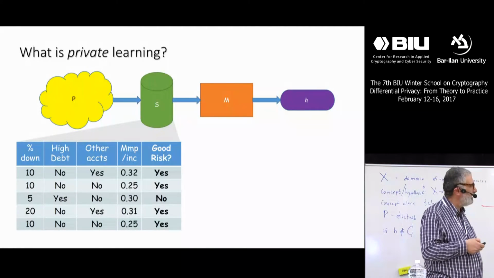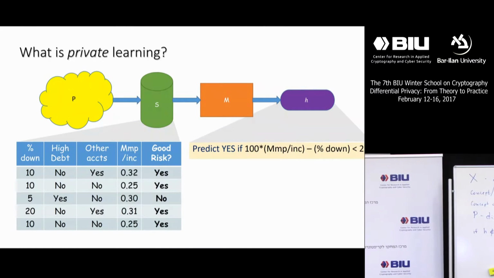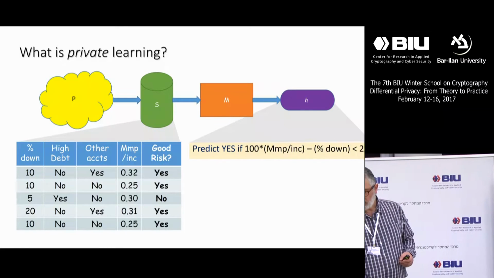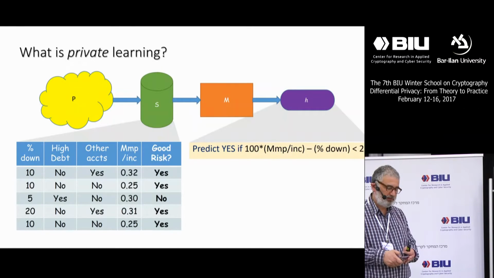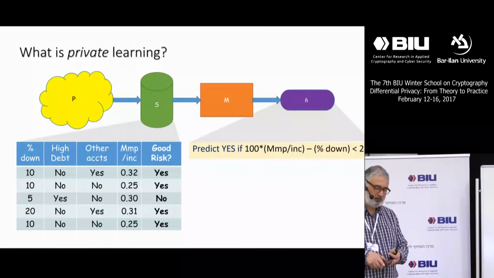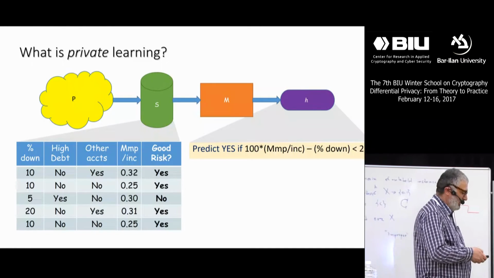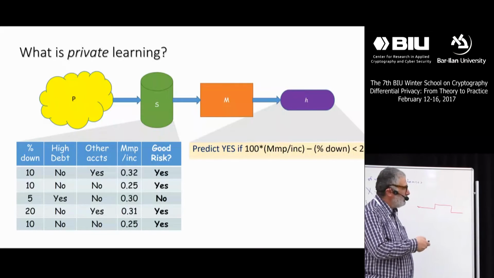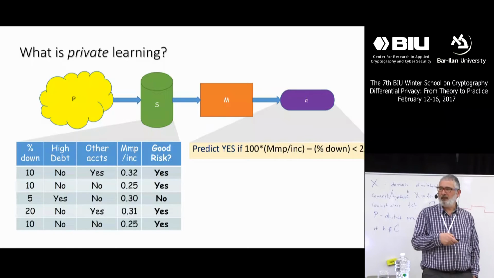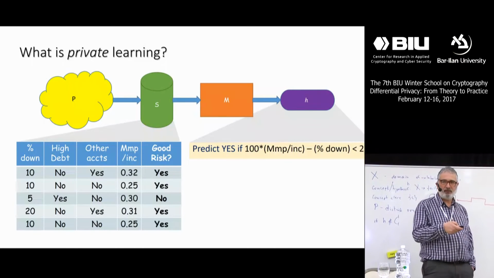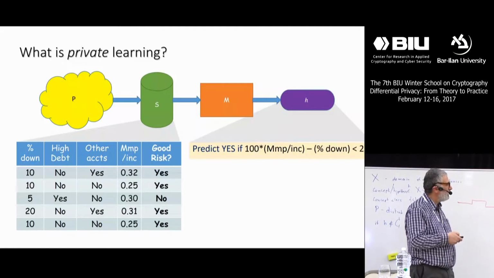So that was our data, and the learner produces some hypotheses. So actually the learner will have a distribution over hypotheses, and one of these is going to be picked in every execution. The distribution is determined by the input and the mechanism.